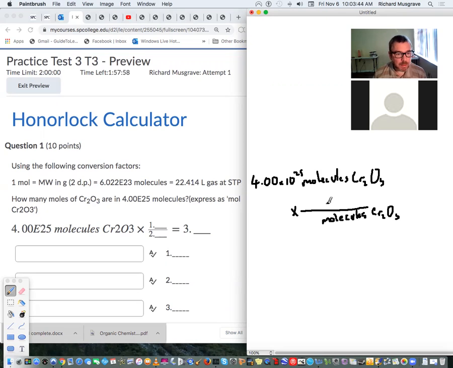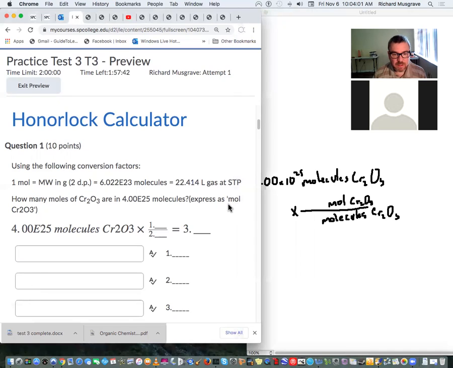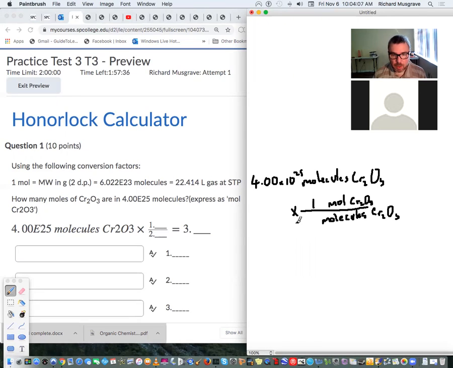And on top, we're looking for moles of Cr2O3. It says here how to express it, moles of Cr2O3, MOL. And the relationship here is 1 mole and 6.022 times 10 to the 23 molecules.